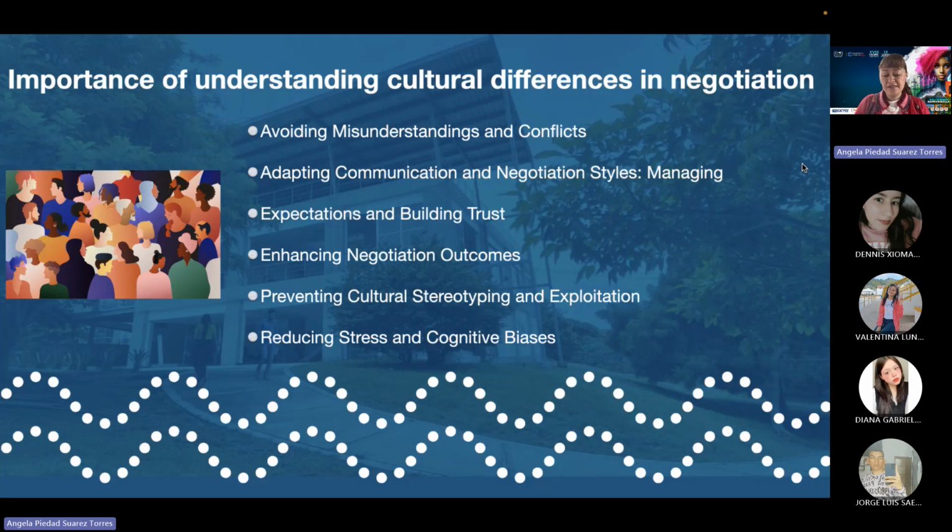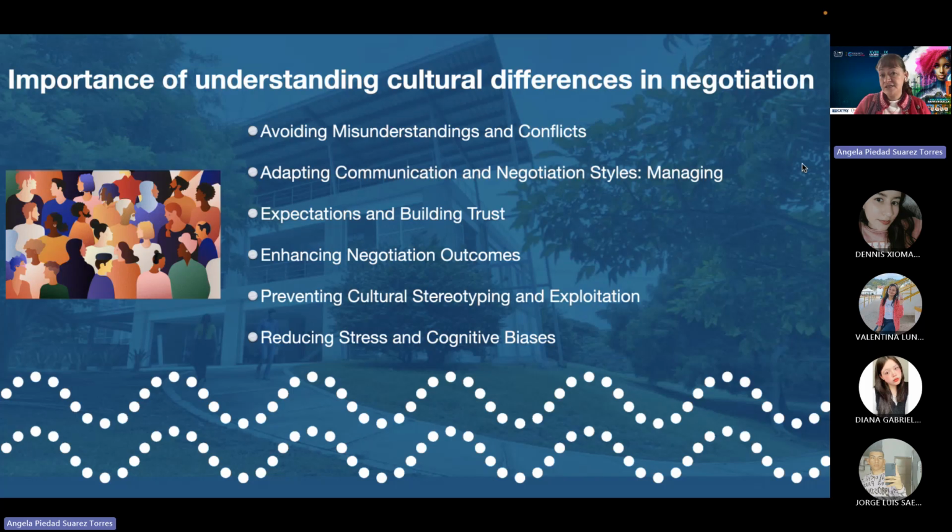That's why we emphasize the cultural element, because sometimes we don't understand the relevance of this element in the process of negotiation. So when we talk about the importance of understanding cultural differences in negotiations, we have to consider those elements that are important and why.